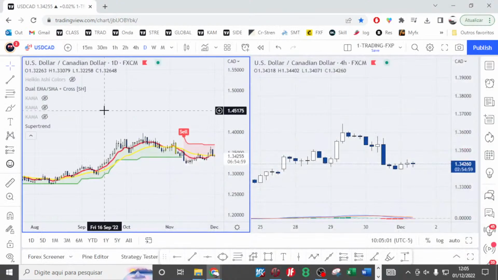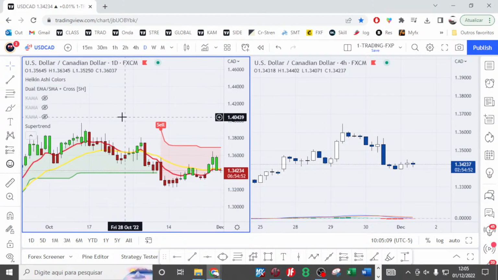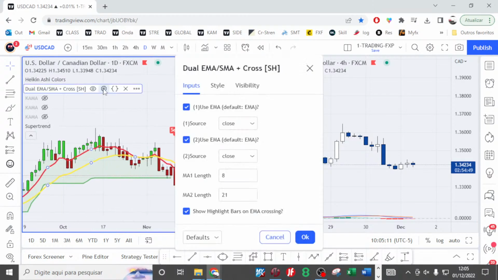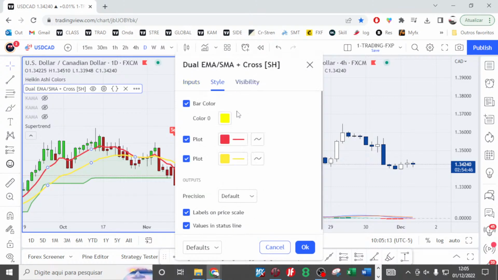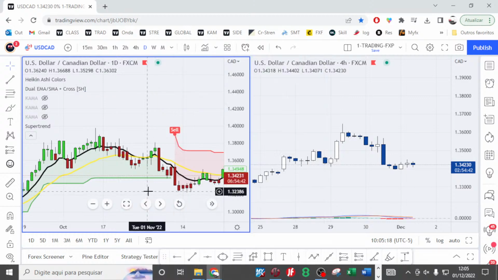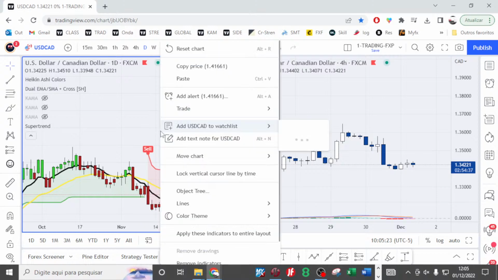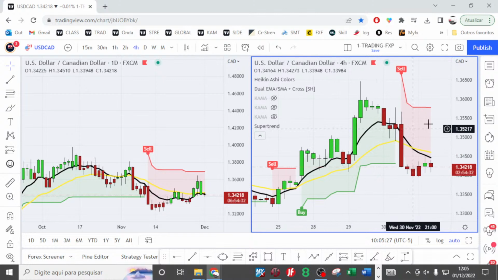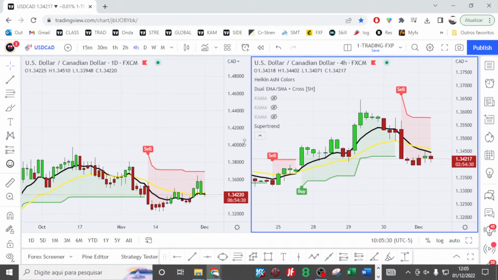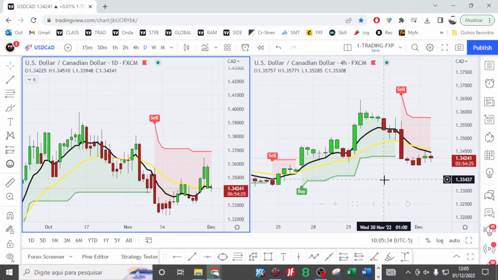So in Heikin Ashi color, there you go, we are just going to change the style setting. Black and yellow, right? Not to confuse the indicators. And right click, everybody, and apply this indicator to entire layout. So this is Mattia's system, everybody, we're going to use it together with the strategy. Make sense?